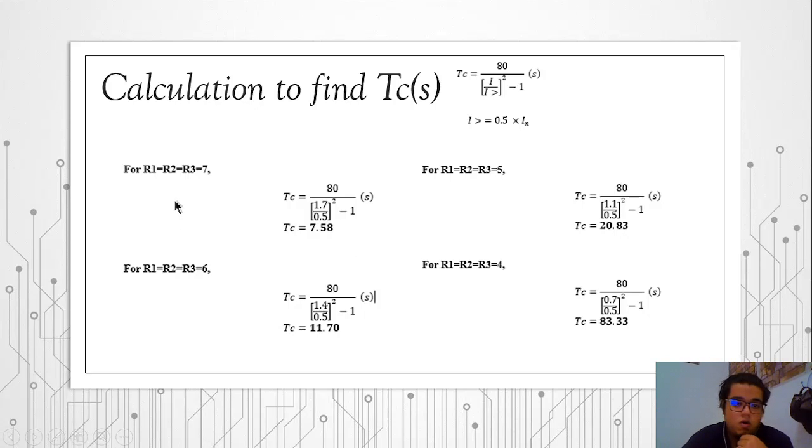So for load 7, by using the TC formula, we get the value of TC as 7.58. Then for load 5, the value of TC is 20.83. For load 6, the value of TC we get is 11.70. And finally, for load 4, the value of TC is 83.33.